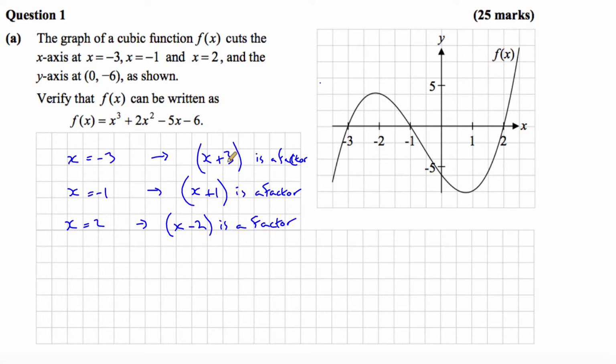So if it's minus 3, x plus 3, minus 1, x plus 1, 2, x minus 2, the sign is opposite. So we know that these three factors will give us the function. So we can say that f of x is the multiplication of these three factors.